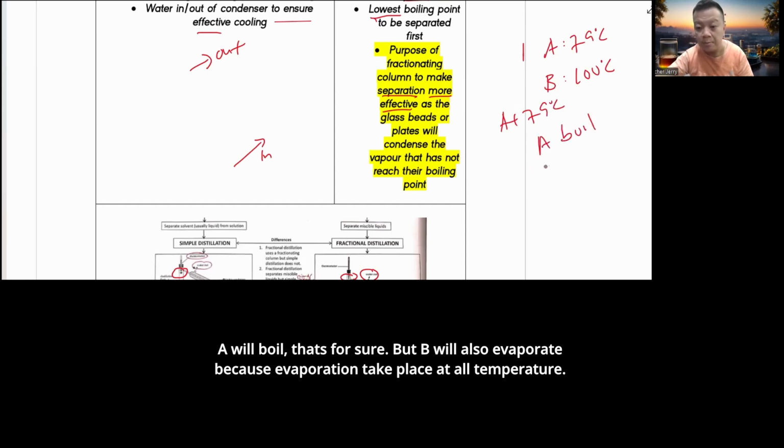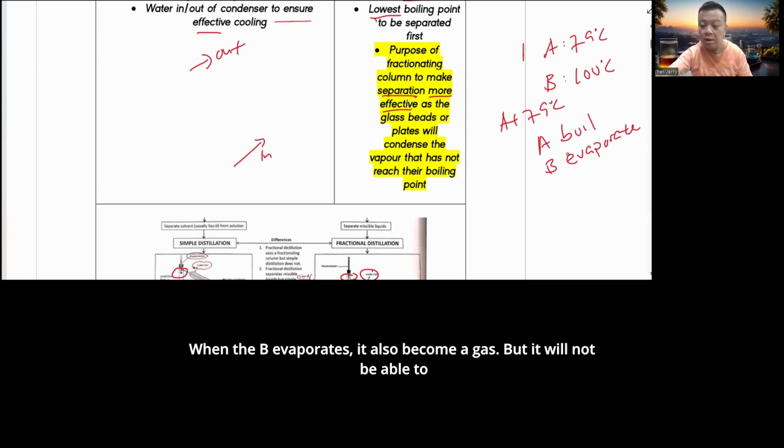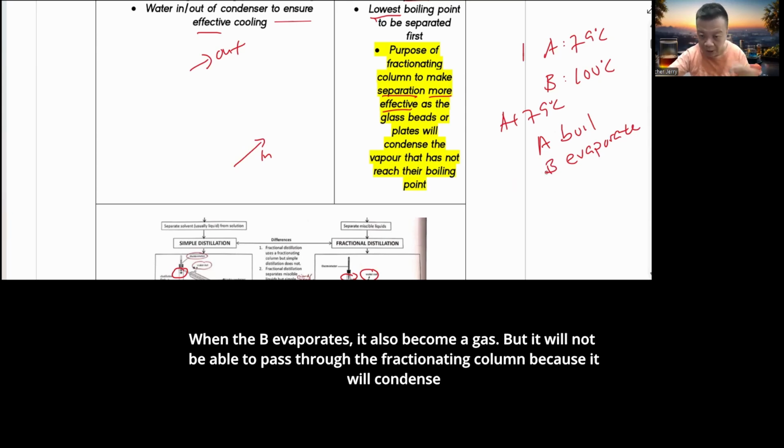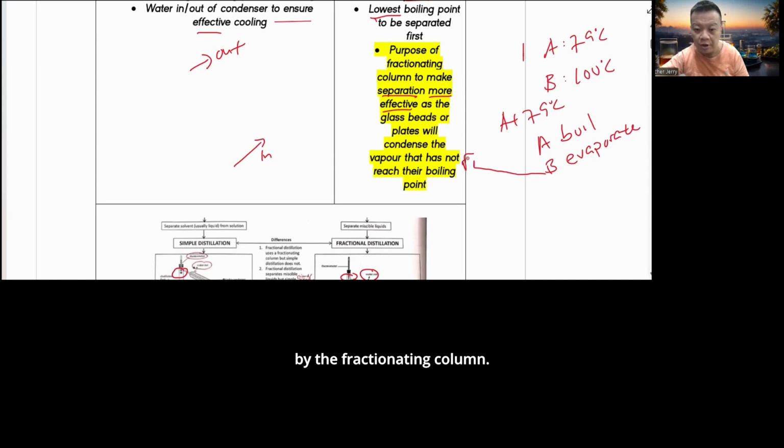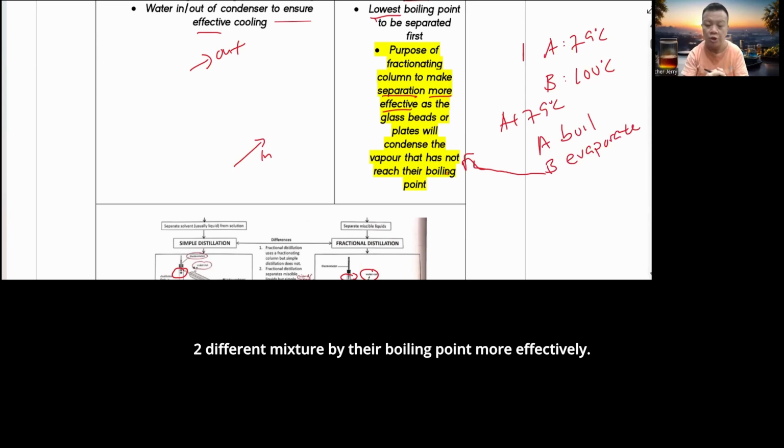But B will also evaporate, because evaporation takes place at all temperatures. It just depends on how much, how fast. When B evaporates, it also becomes a gas, but it will not be able to pass through the fractionating column because it will condense and drip back, waiting for its chance. In this way, they separate the two different liquids by their boiling points more effectively.